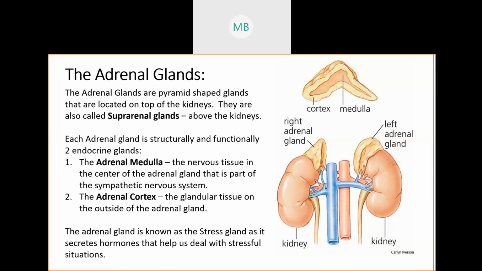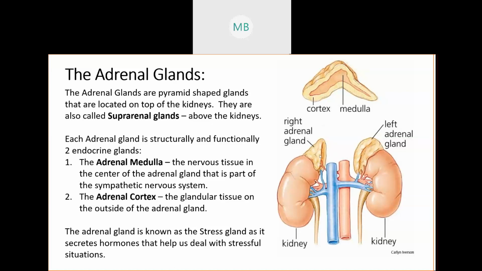But now that I have that preface out of the way, we're going to be talking about your adrenal glands. The adrenal glands are the little pyramid-shaped glands that are on top of your kidneys. They can be shaped like a little pyramid paper hat if you want to think of them that way. So they are the little bitty hats on top of your kidneys. They are shaped like a pyramid.